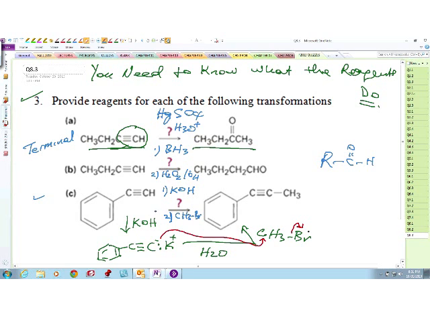That would be a two-step process. So in all of these cases, it is a case of knowing what your reagents do. Of course, instead of using the potassium hydroxide, we could also use sodium amide. In that case, you get this here.